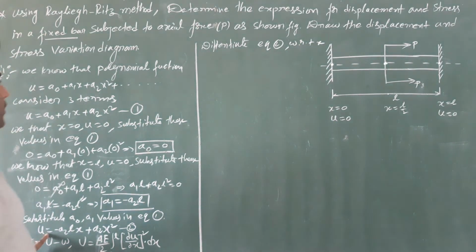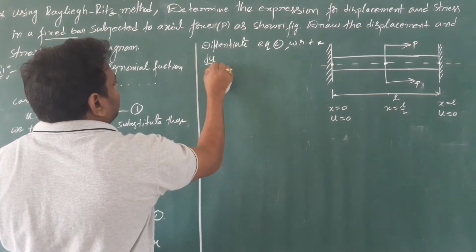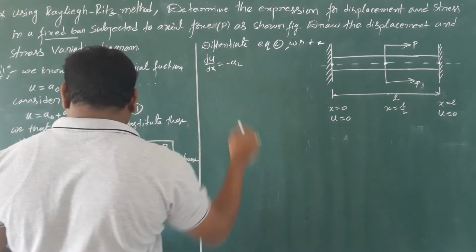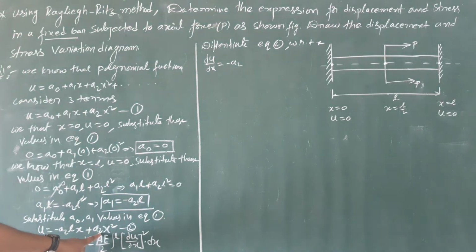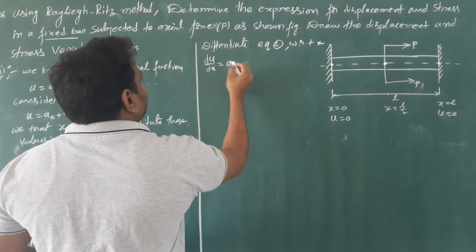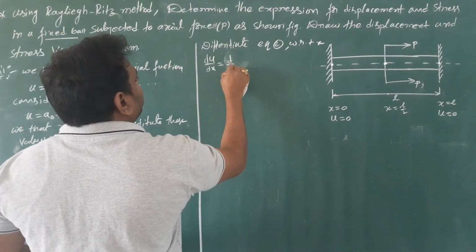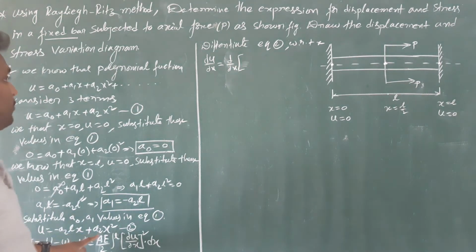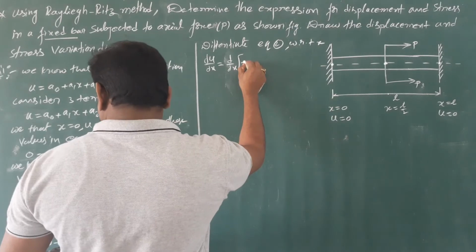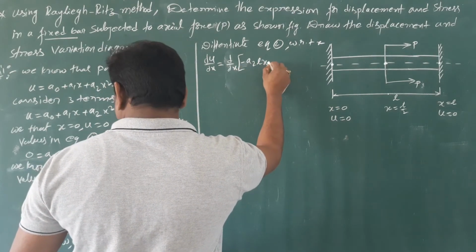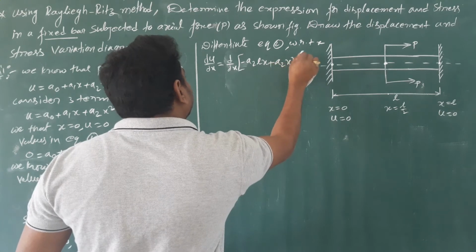So differentiate this equation, that is dou u by dou x, it is equal to minus a2 L plus 2 a2 x. Here a2, here also a2, so take a2 common. That is dou u by dou x into minus a2 L x plus a2 x square.